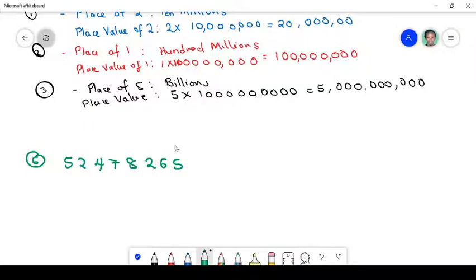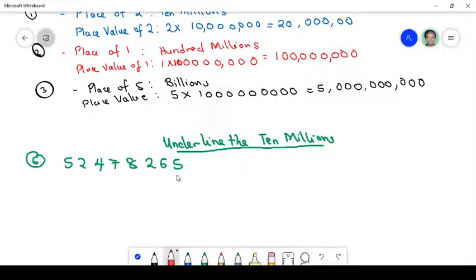If I ask you to underline the 10 millions, how do we go about it? Let's try and find the 10 millions. If I want to find the 10 millions, let's check for the place of the digits.